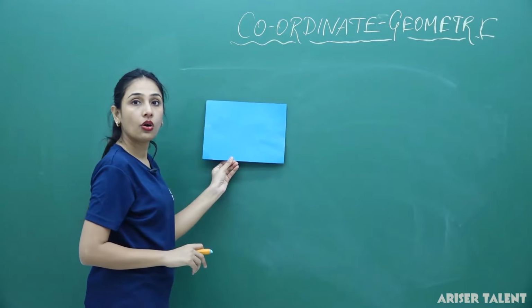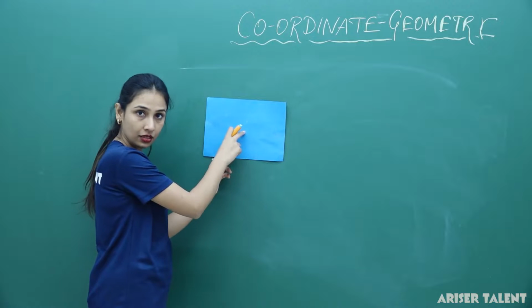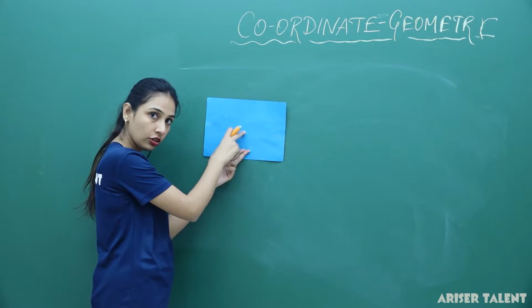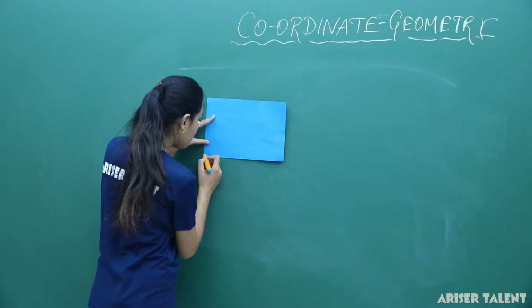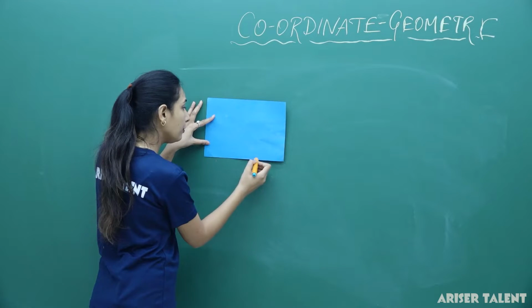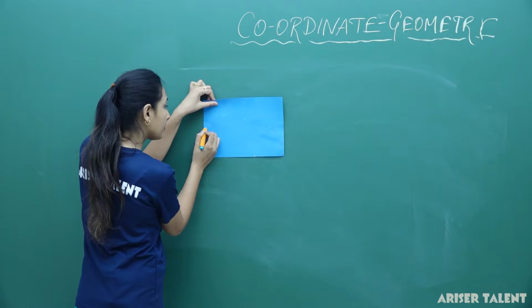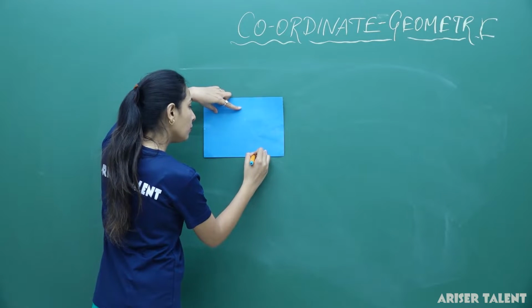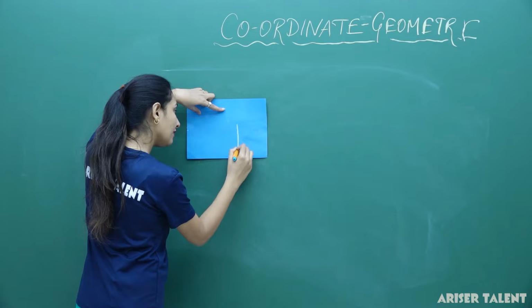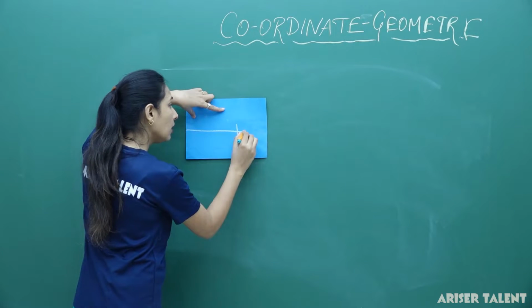Now, if I tell you to draw this particular point on this paper again, you can draw it. How? You'll take 10 centimeters from there, so 10 centimeters here, and 5 centimeters here. Then you extend this line perpendicular, and this is also perpendicular.